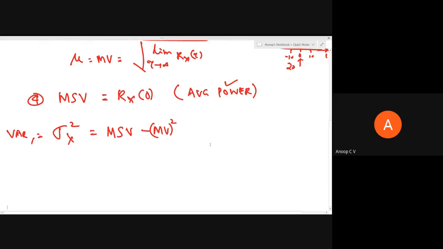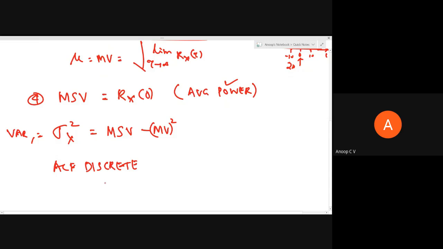So far I've considered only a continuous random process. A random process can be discrete also. In that case, in the autocorrelation function for the discrete case, the integration becomes a summation, and instead of the random process taking continuous values, it will take only discrete values.